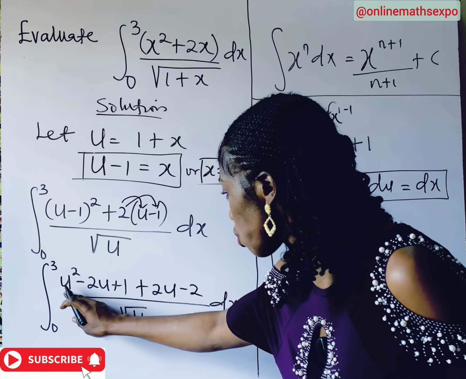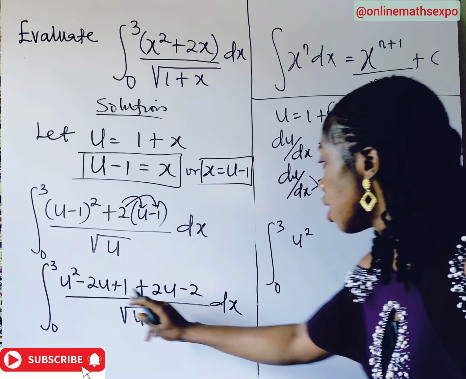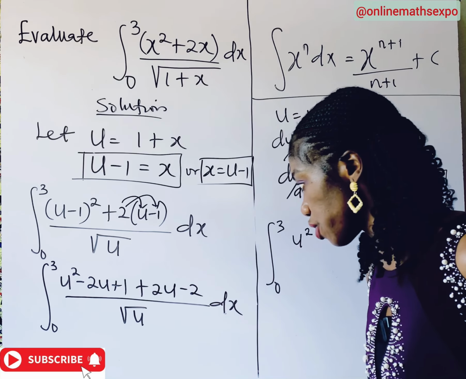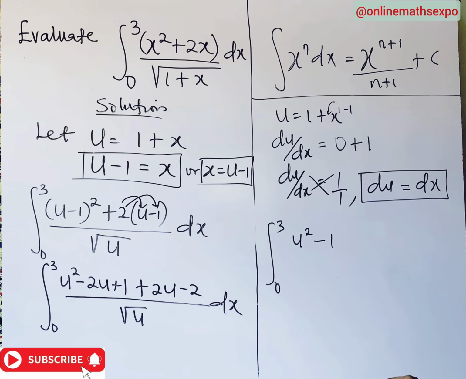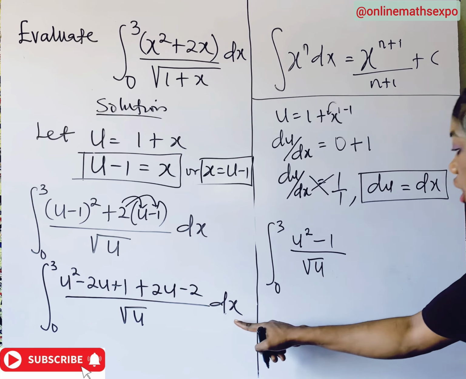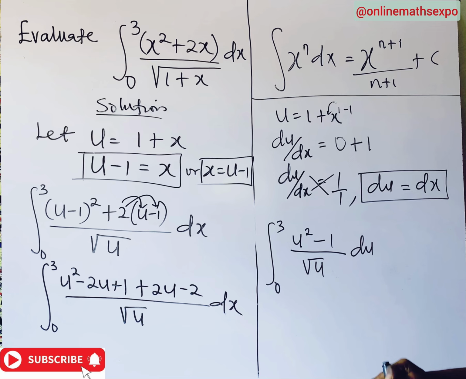So we have u squared. Let's simplify. This is u squared, negative 2 plus 2u. This will cancel off, it is 0. Then 1 minus 2 will give us negative 1. Okay? All over square root of u. Then this we are going to replace with du. See, we've gotten something now.